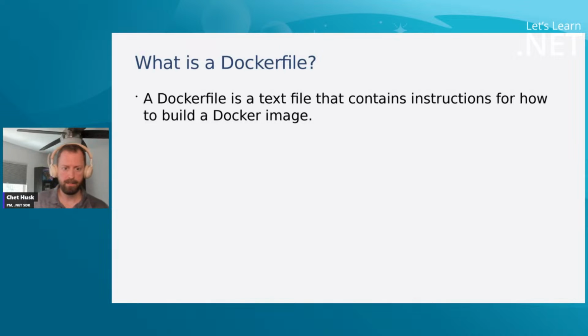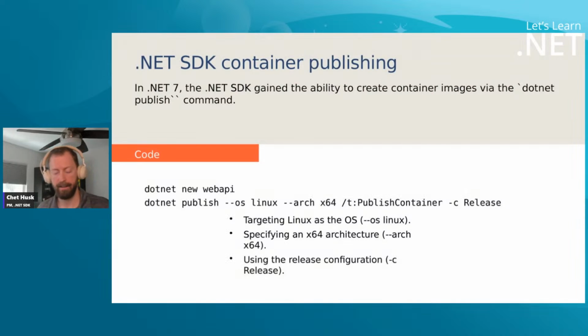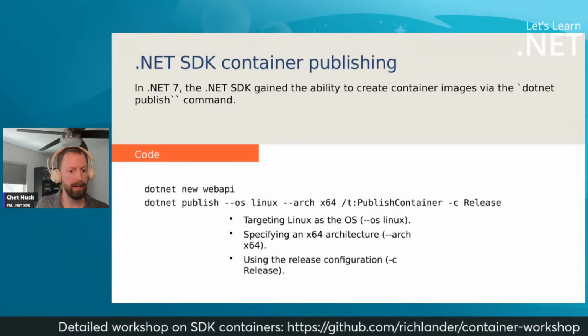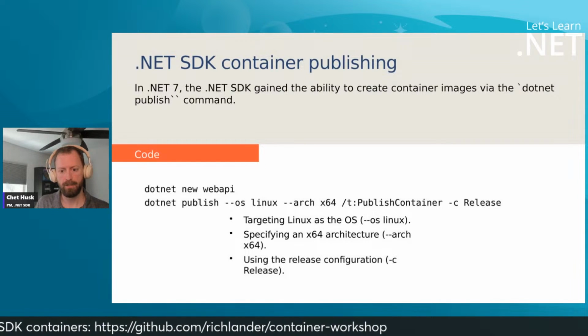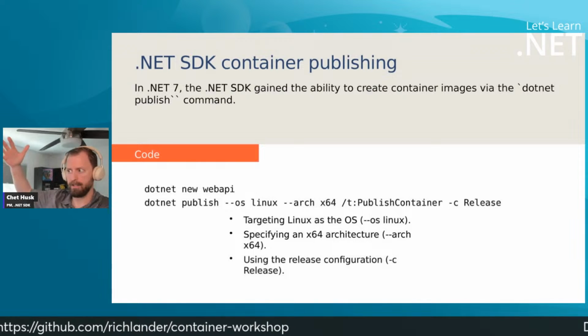To get these images, like I said before, we can use a Dockerfile, or now we're going to see something new and fun. You can actually build containers without needing a Dockerfile directly from the .NET SDK. And we'll be working through that when we get to the exercise portion of this today. But this should look very similar to what you do when you publish your web app today. You create a web app, and then you call publish, and you get the published application.